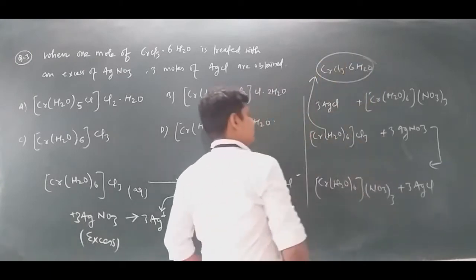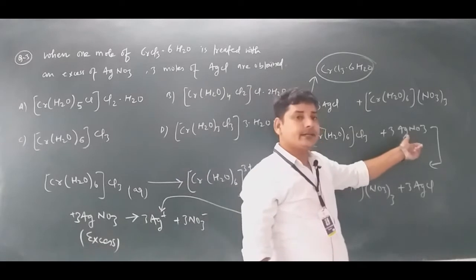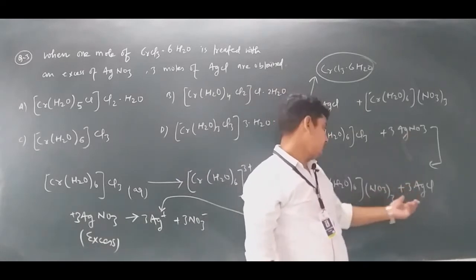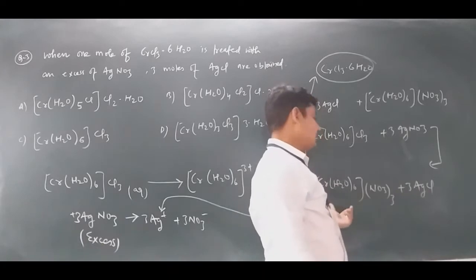So this is the complex which, when treated with excess of AgNO3, gives 3 moles of AgCl and 1 mole of this complex.